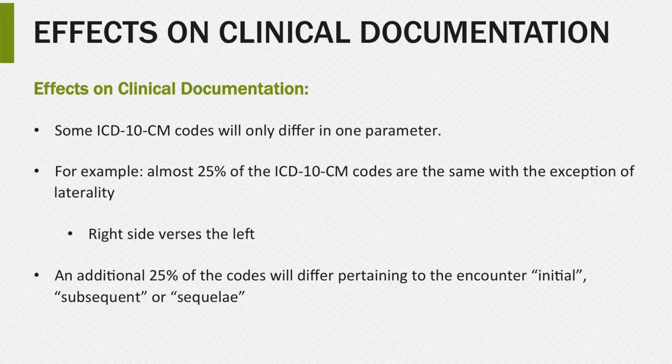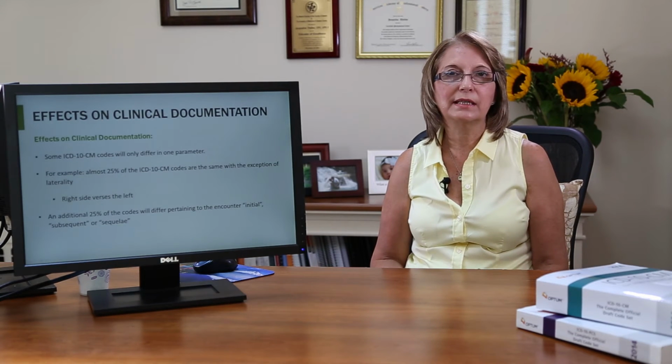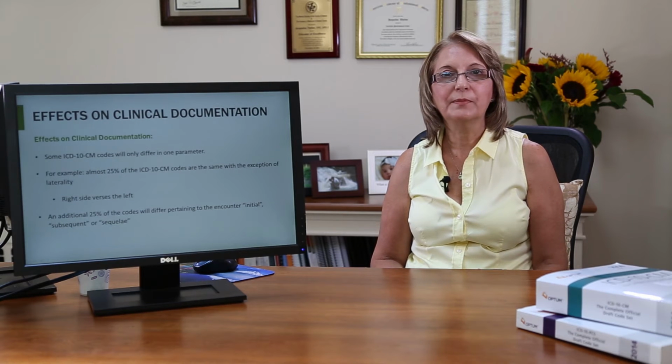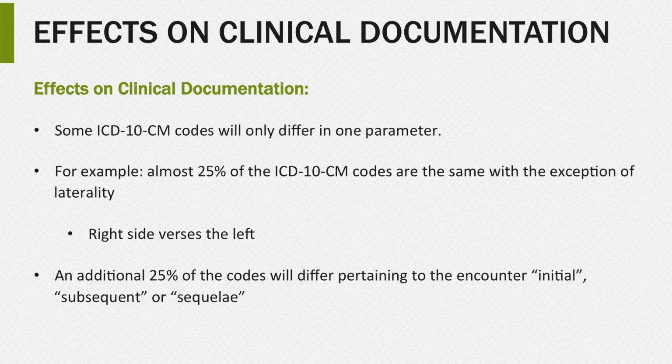An additional 25% of the codes will differ only with the exception of whether it's an initial encounter, a subsequent encounter, or sequela. For example, for fractures, an initial visit would be reported as long as the patient is receiving active treatment for the fracture. Active treatment is described as surgical treatment, emergency department evaluation, or even evaluation by a new physician.